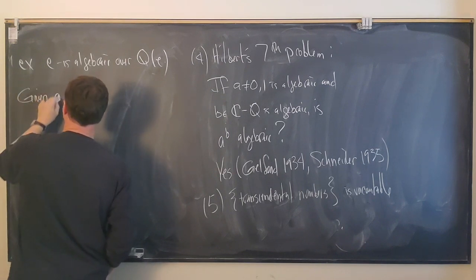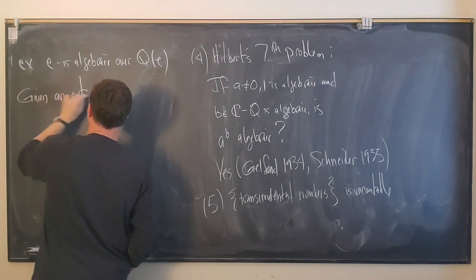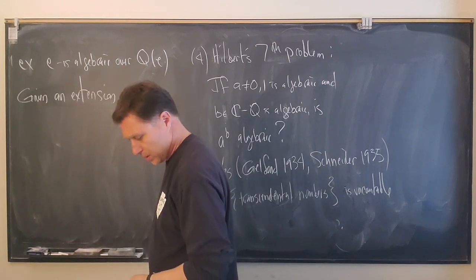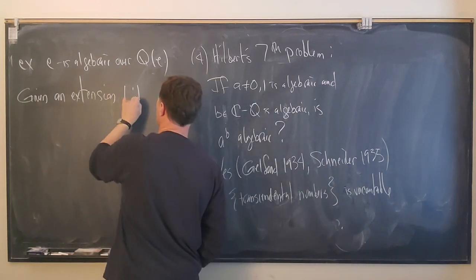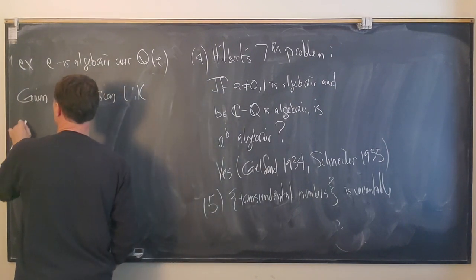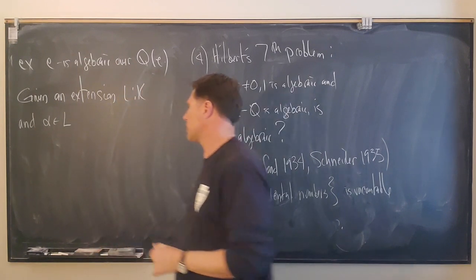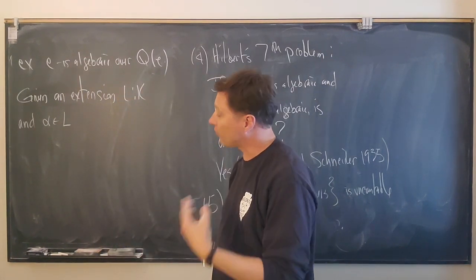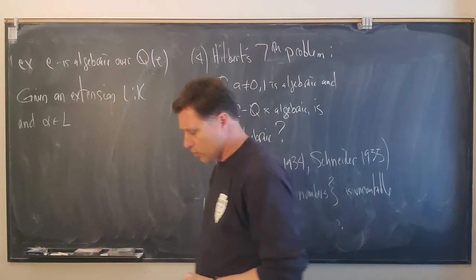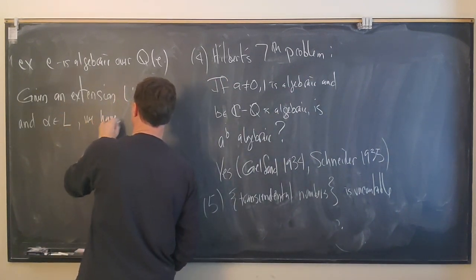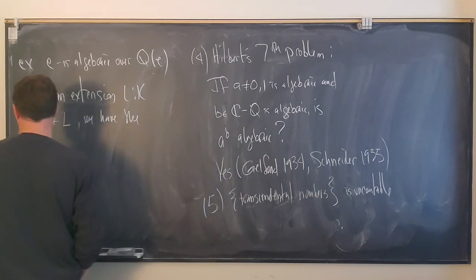So now, given an extension L over K and some element alpha in L. Remember this mapping, the evaluation mapping.